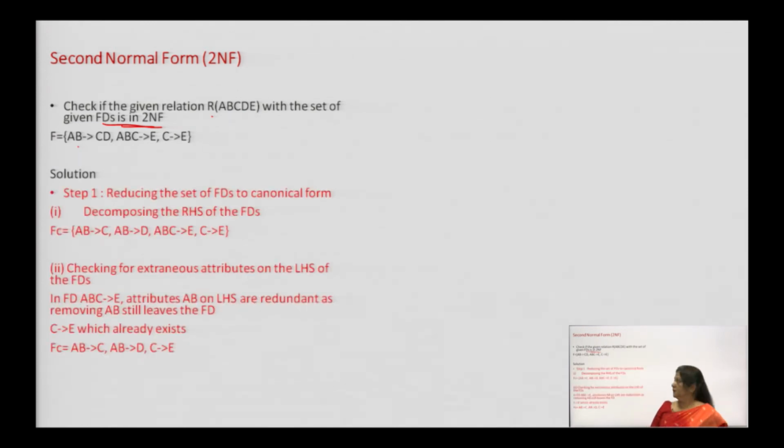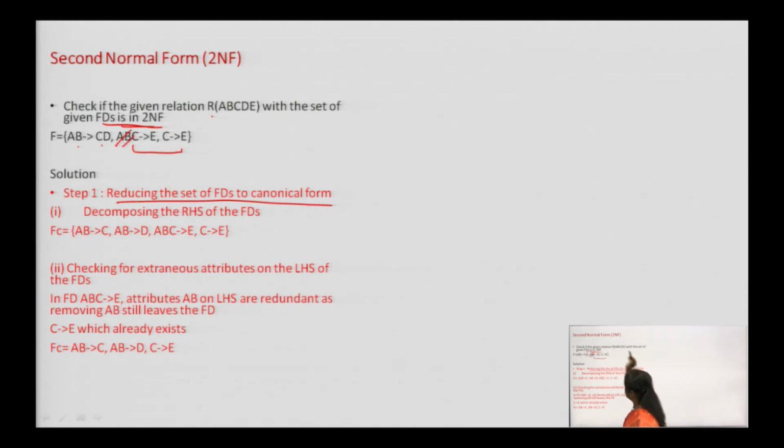Let us do it. Step 1, reduce the set of functional dependencies to a canonical form, that is, decompose the right hand side. We get AB to C, AB to D, ABC to E and C to E. Checking for extraneous attributes, look at these two functional dependencies.